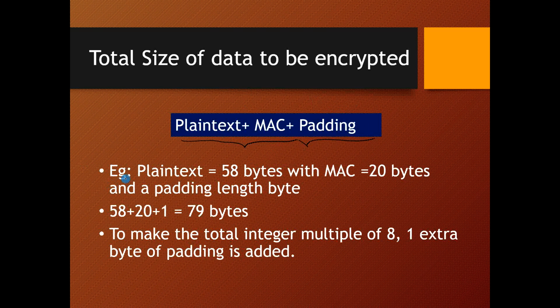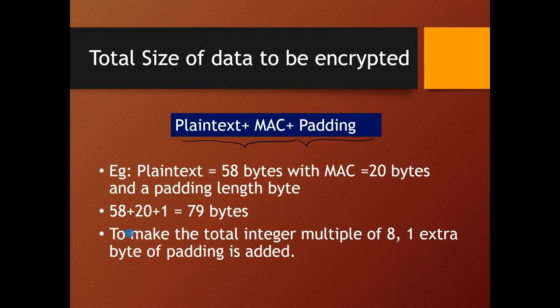So let me give you an example. Here I have considered a plain text of 58 bytes, a MAC of 20 bytes, and a padding of just 1 byte. So you can see 58 plus 20 plus 1 is equal to 79 bytes. Now we need to have integer multiples of 8.